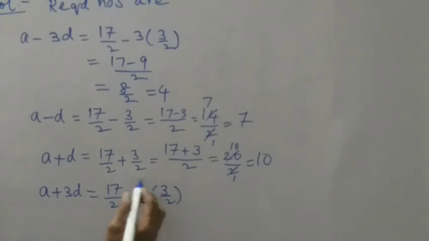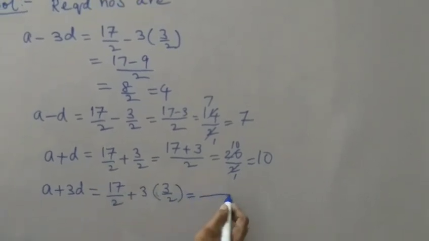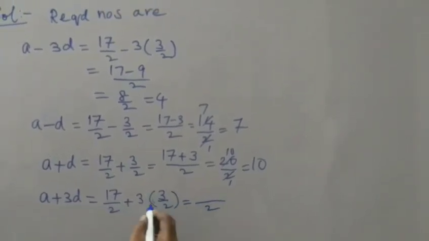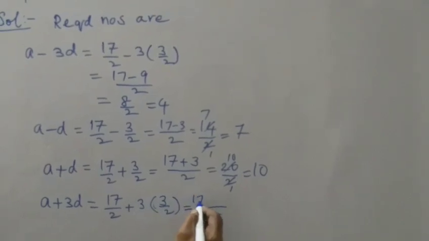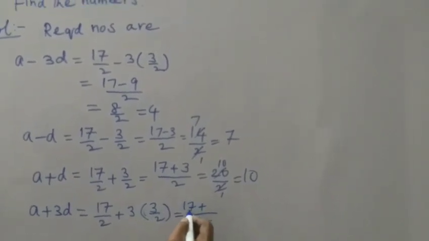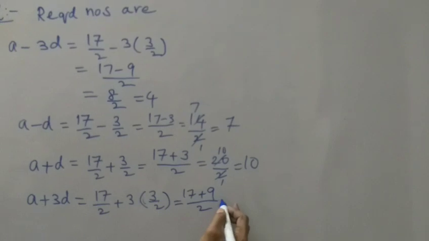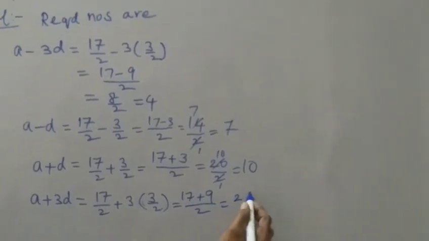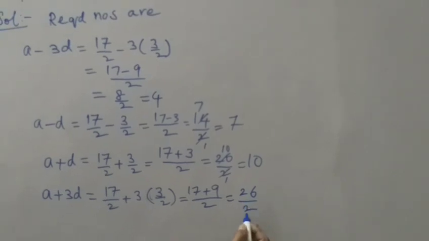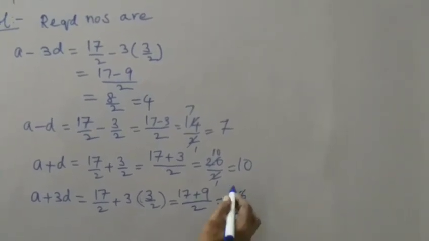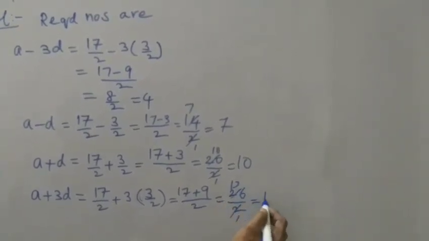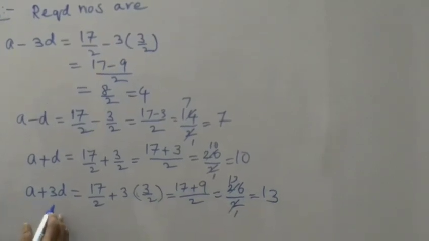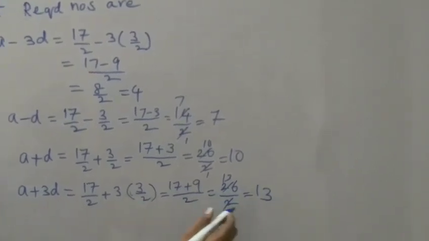The LCM of these two is 2. So 17 plus 3 3s are 9, which is 17 plus 9 becomes 26. 26 by 2, 2 13s are 26, is equal to 13. So here a plus 3d is equal to 13.